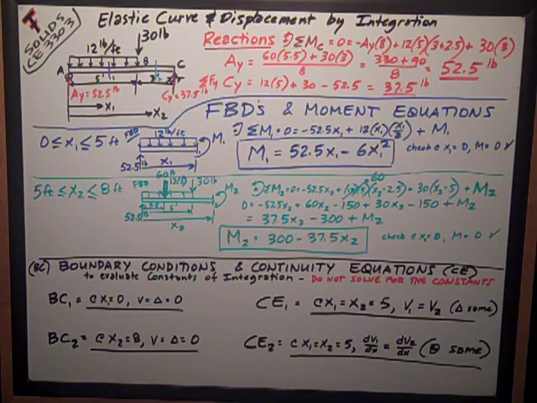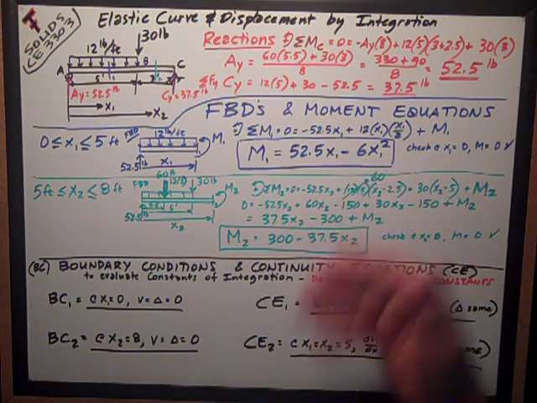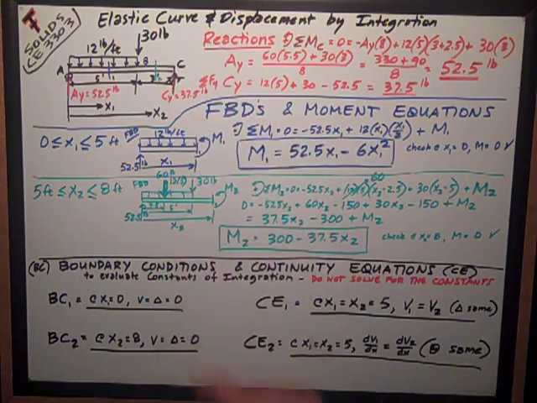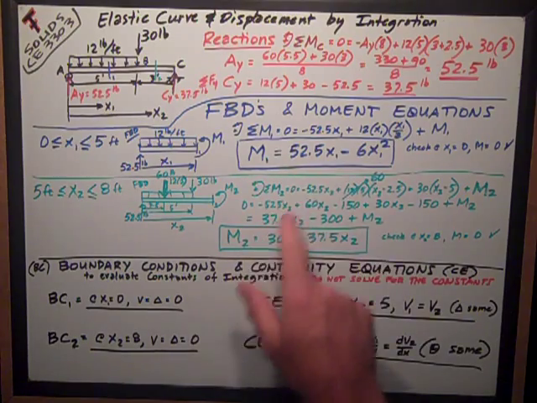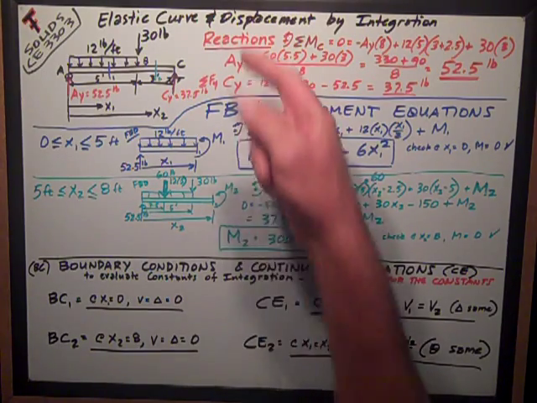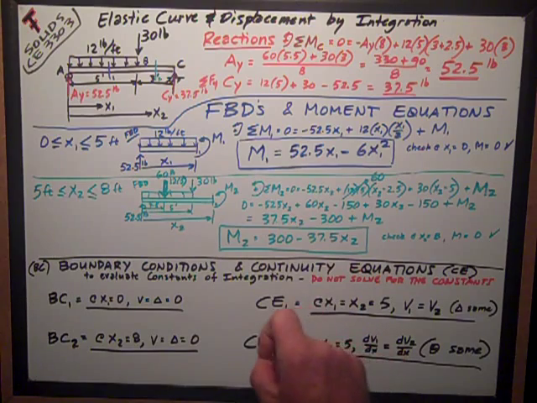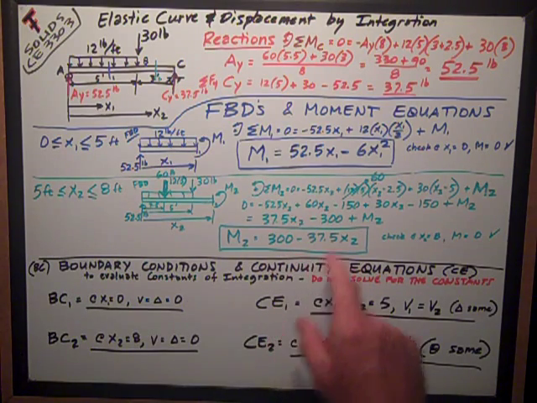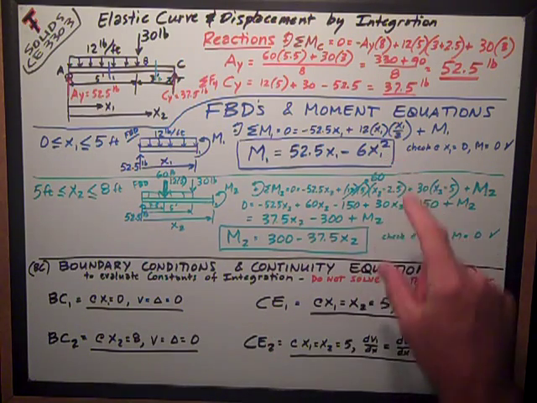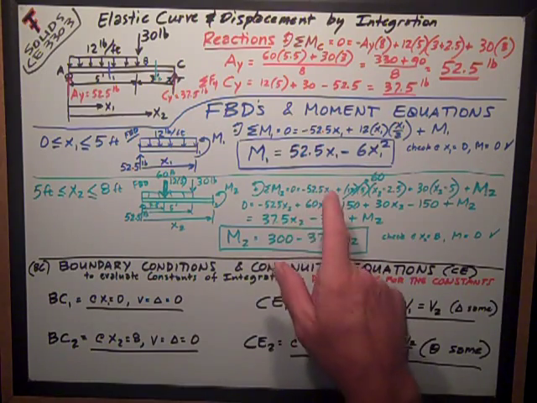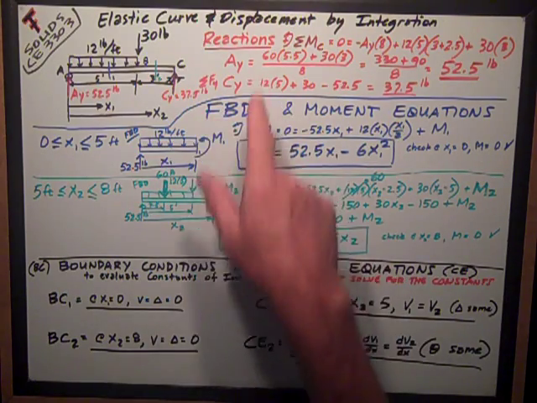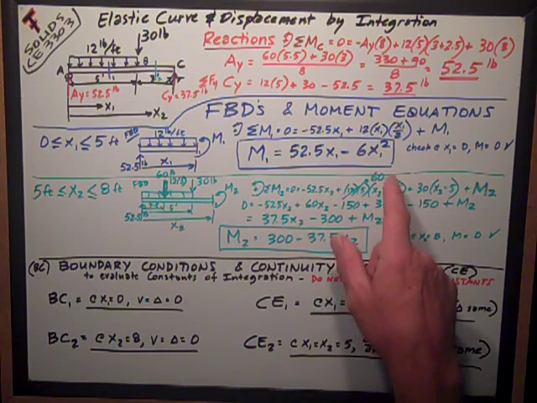right there. Okay, now I'm ready to integrate that to get my elastic curve. Of course, I'm going to integrate these equations once to get my slope equation. And that's going to have a constant of integration, each one of those. And then I'm going to integrate it again to get my elastic curve or my displacement equation.